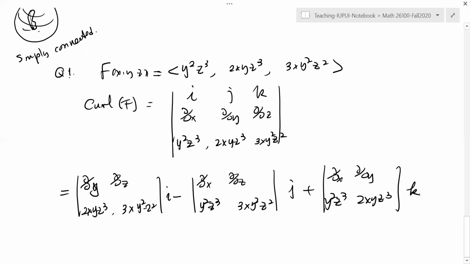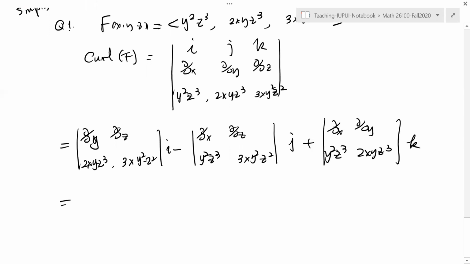All right, so let's check one by one. This is a partial derivative with respect to y, so 6xyz squared minus the partial derivative of this function with respect to z, which is 6xyz squared. Well, that is going to be 0, right?